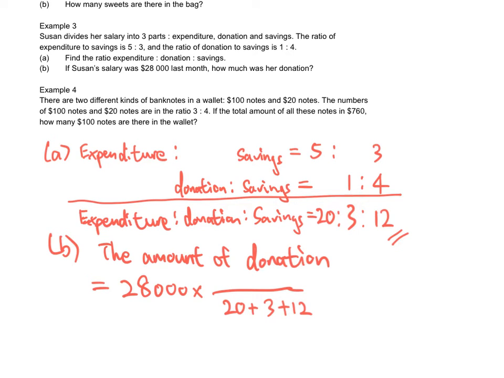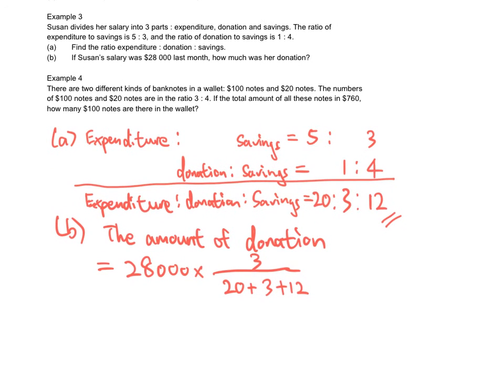Only 3. 3 out of 35 parts. And the amount is $2,400. Okay.